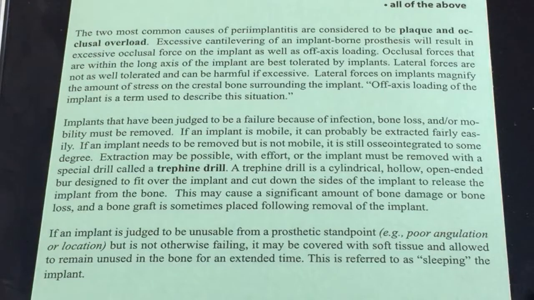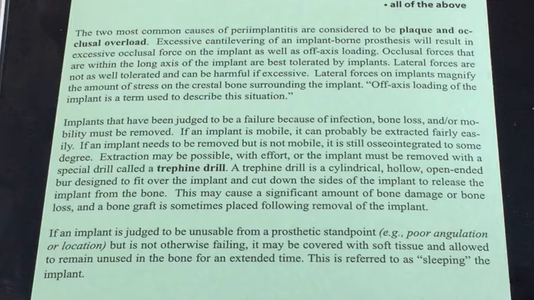Extraction may be possible with effort, or the implant must be removed with a special drill called a trephine drill. This drill is cylindrical, hollow, open-ended burr design to fit over the implant and cut down the sides of the implant to release the implant from the bone.